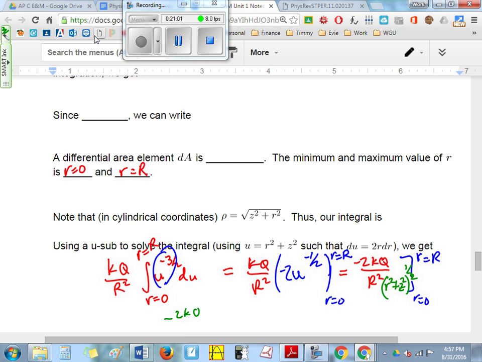Negative 2kq over capital R squared times, then you plug in the capital R, so it's 1 over capital R squared plus z squared, to the half, and then minus 1 over 0 squared plus z squared to the half. So this just becomes z, because little r is 0.